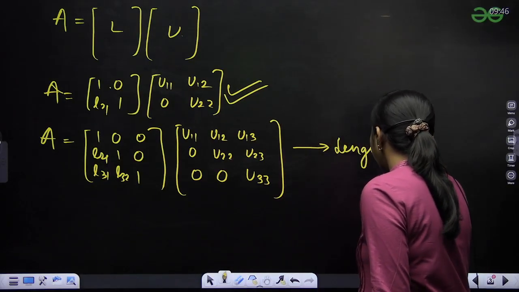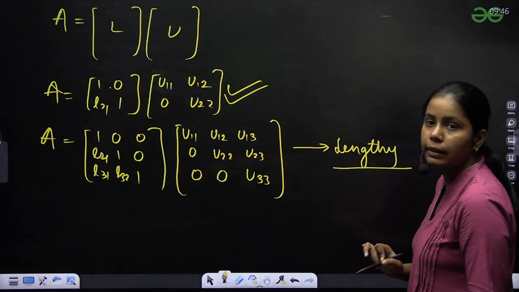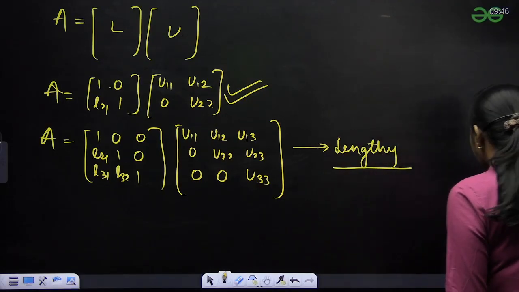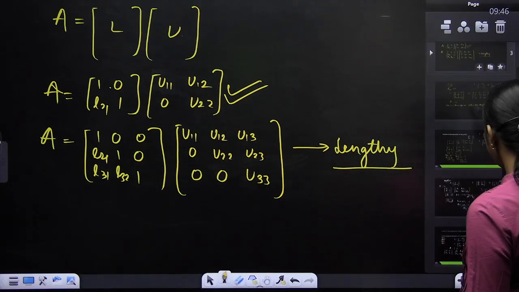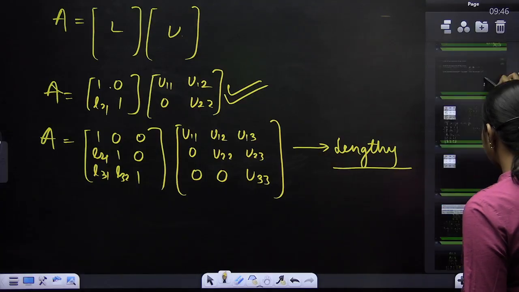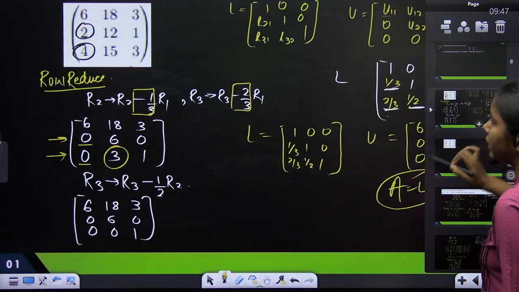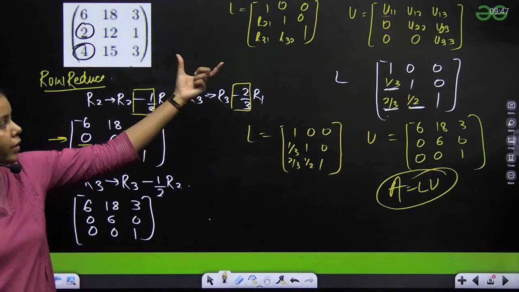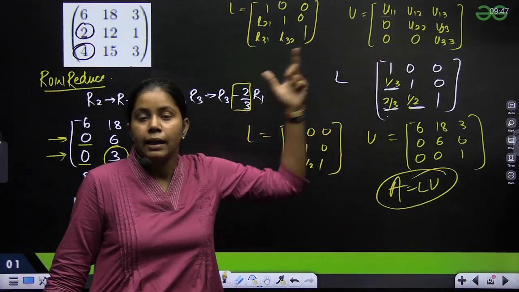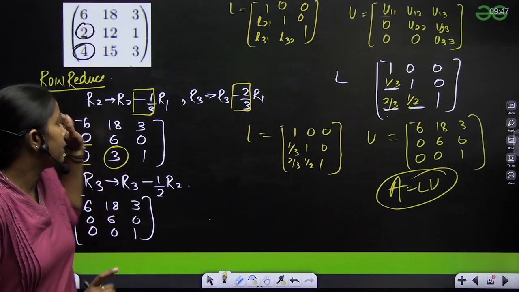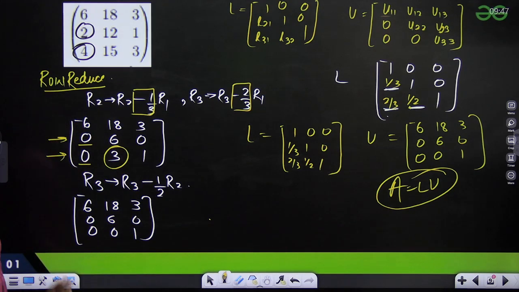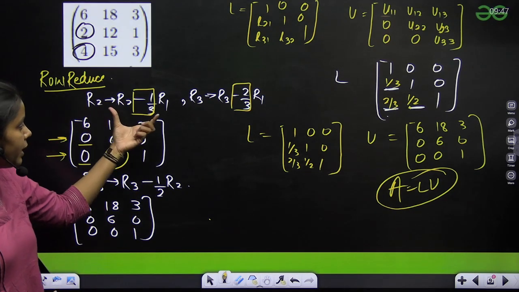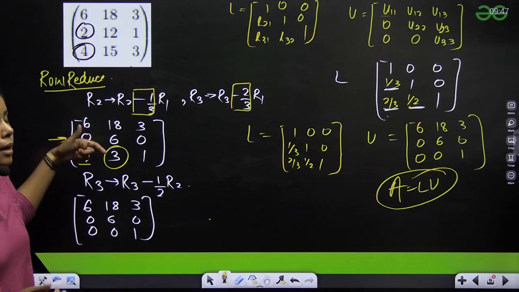So what would I do? I'll use another method, which we have discussed. I'll take a lower triangular matrix with diagonal entries of L as 1, and I am going to row reduce the matrix to make it an upper triangular matrix.